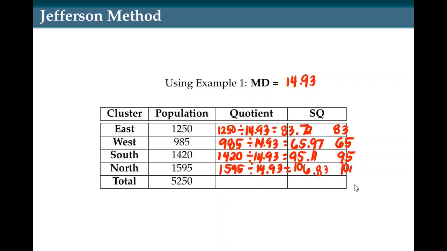So we have 106. Again, if we sum this up, 83 plus 65 plus 95 plus 106, it will give us 349. Again, it is less than 350.